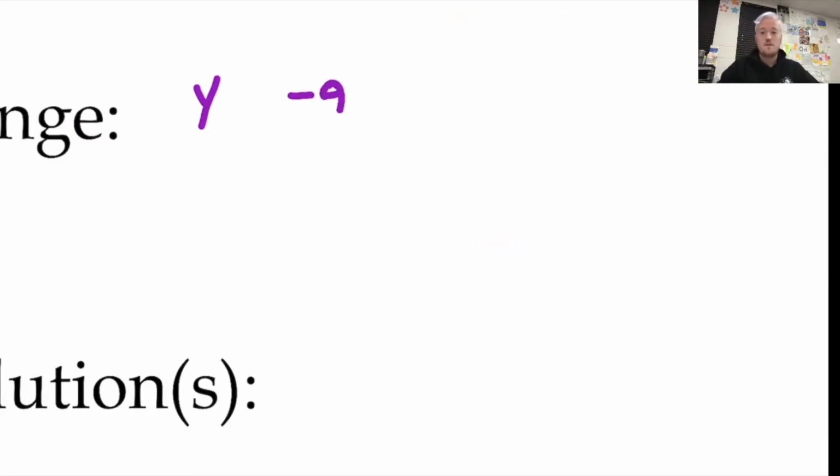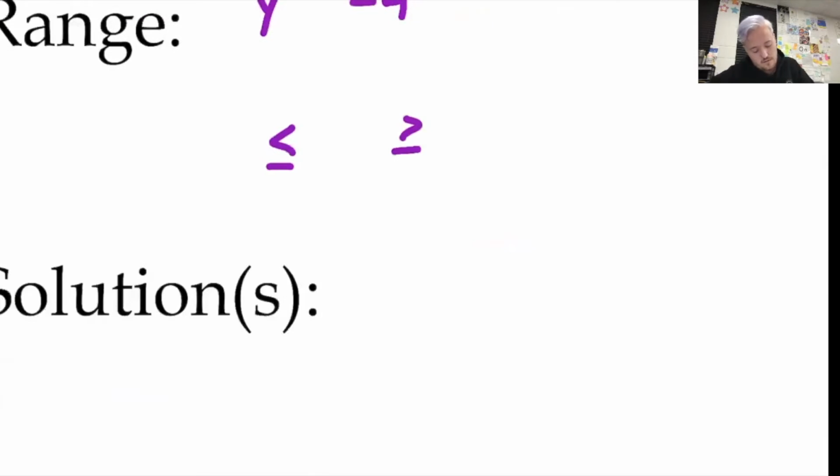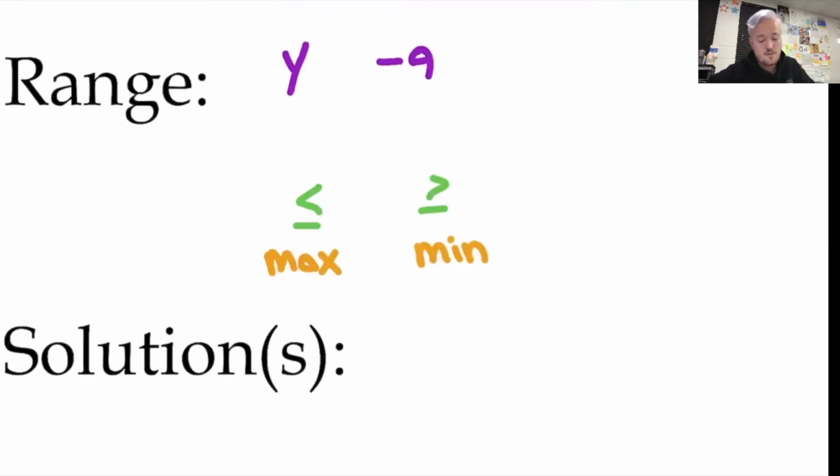Now you want to determine, is it going to be less than or equal to, or greater than or equal to? If you want your values less than, that means your vertex is going to be a max. However, if we have a minimum, we want all the values that are bigger than that value. So because we have a minimum, we want all the values greater than -9.